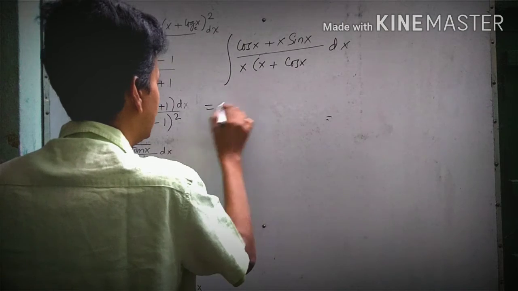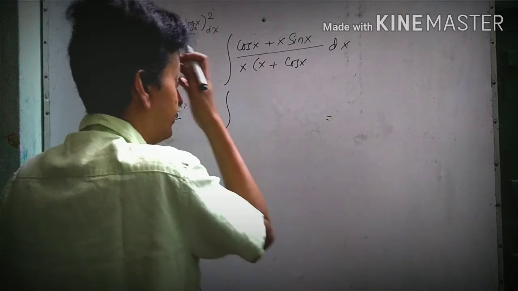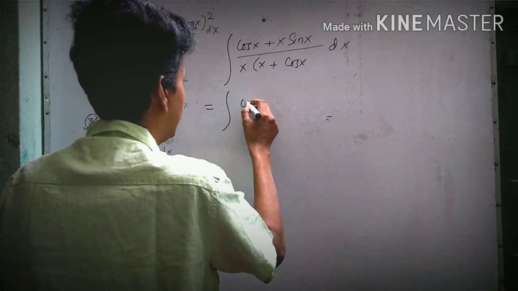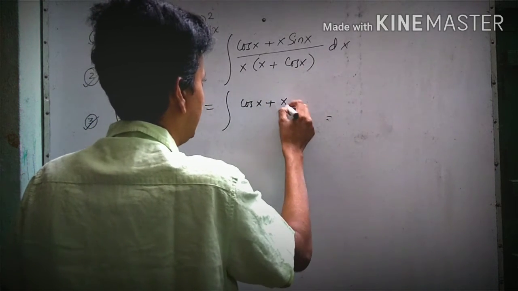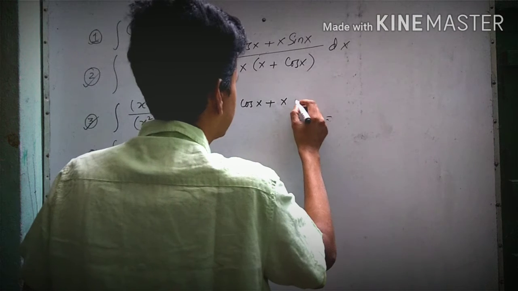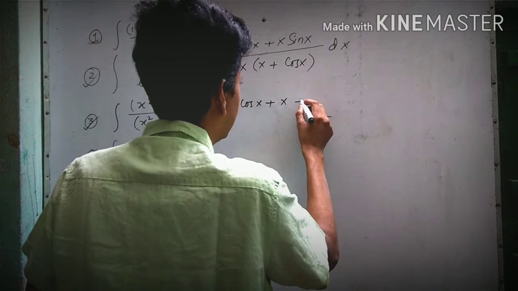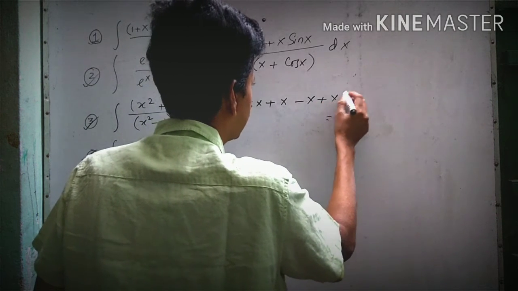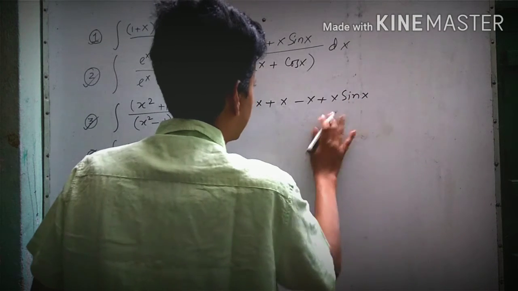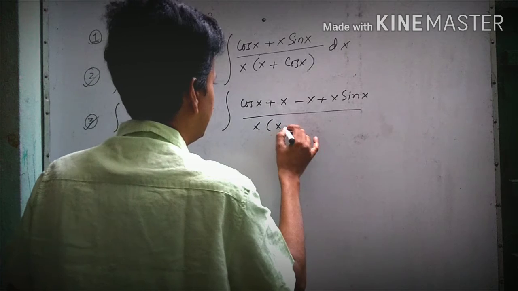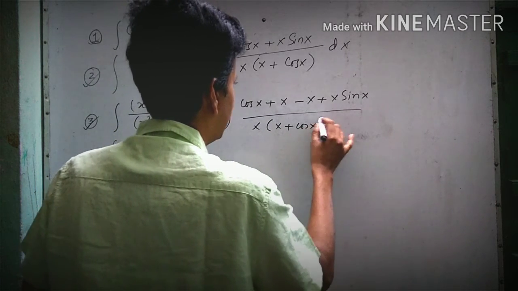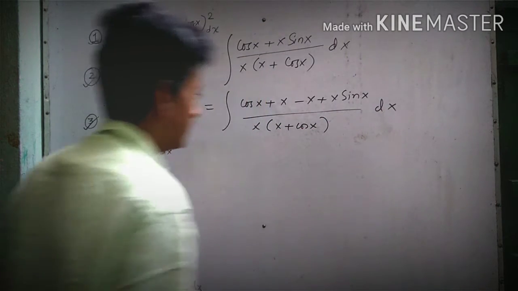First, we can write the above portion as cos x plus x. We add x, so we have to subtract x, plus x into sin x by x into x plus cos x dx.